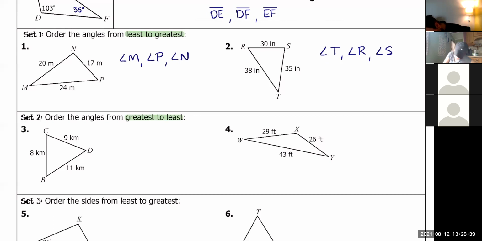Greatest to least on number 3 should be angle C, followed by angle B, followed by angle D. And then the last one, angle X, then angle Y, then angle W. We could sit here and talk through every single one. I think you'd get really bored with that. Pretty repetitive.